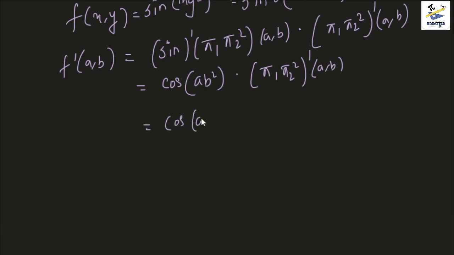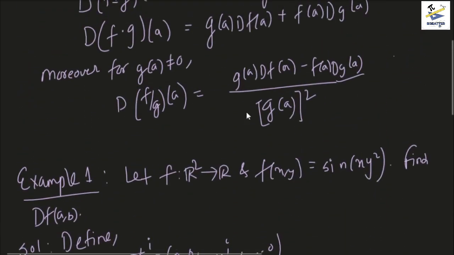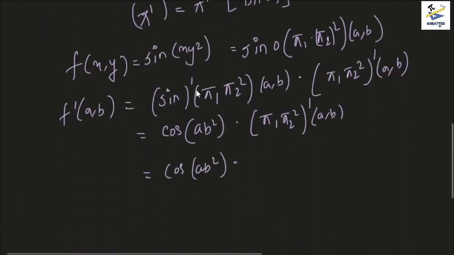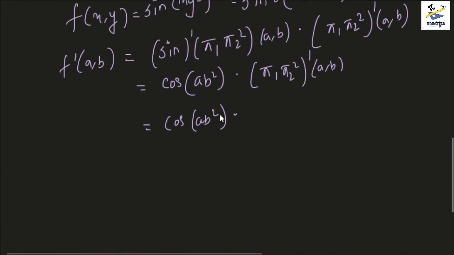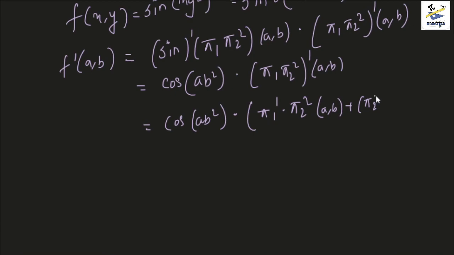It doesn't matter that these are two-dimensional vectors, because we have learned that we can do sums and products and all of these things, right? So we can write this as pi 1 prime into pi 2 squared at the point a, b, and then the differentiation of pi 2 squared multiplied by pi 1 at the point a comma b.